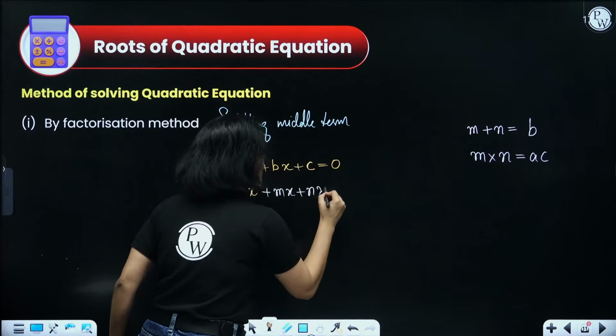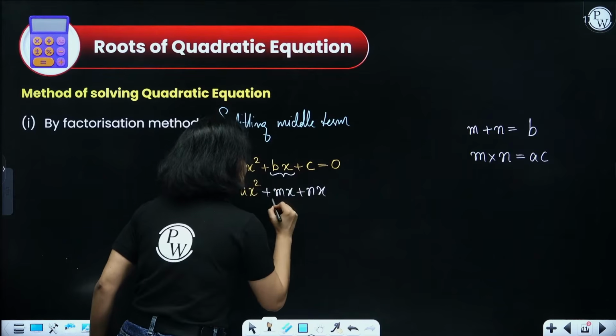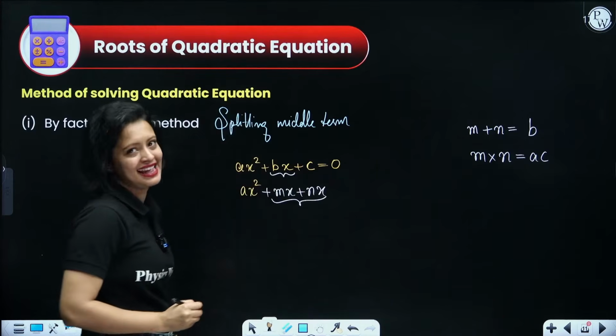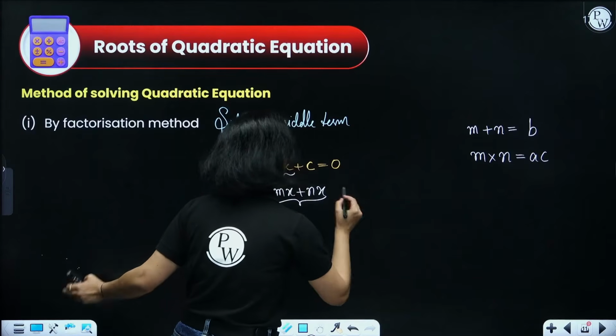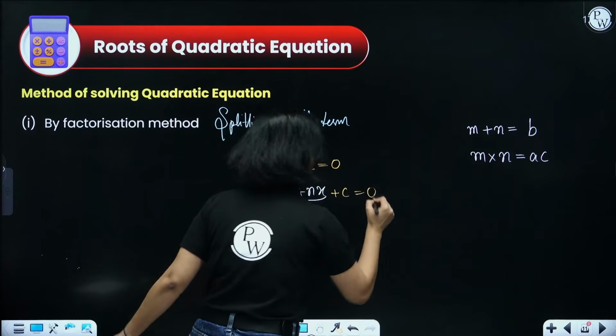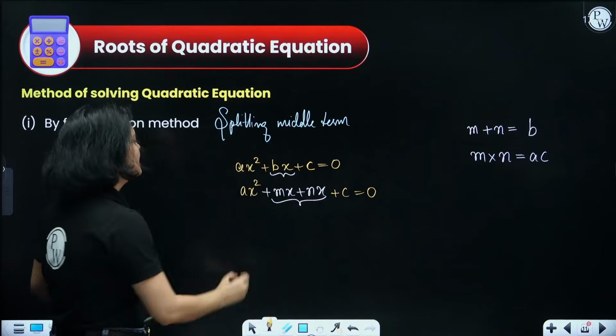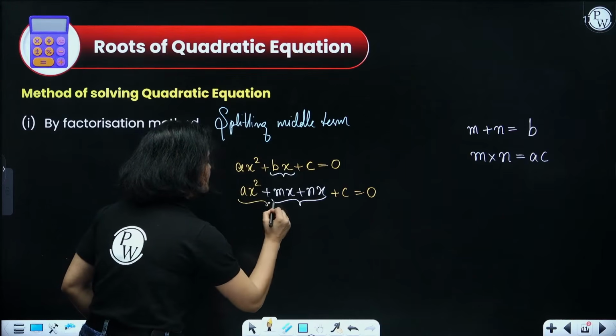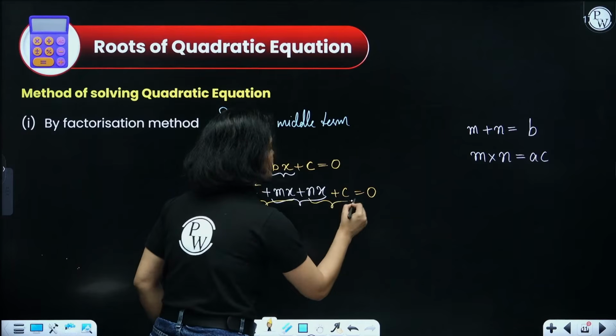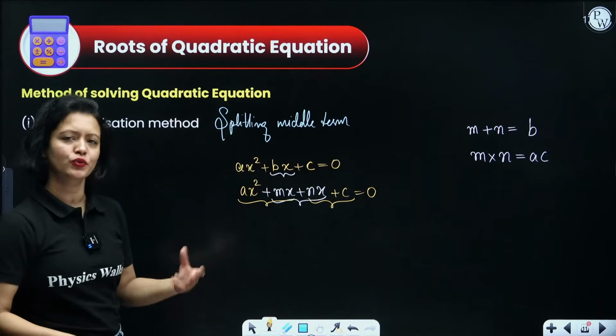That's it. You're splitting bx into the sum of mx and nx, plus c, which will remain as it is, equals 0. Understood? Now, you will take something common in the first 2 terms, take something common in the last 2 terms, and then you will factorize.